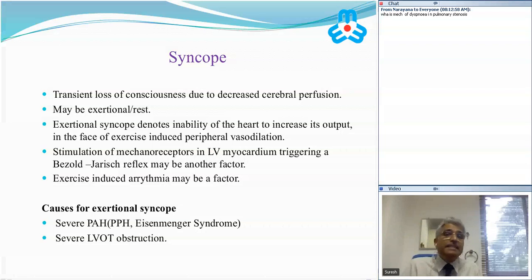Remember, in these diseases which are major diseases, there could be an arrhythmia which may be triggered by exercise. So these three factors are responsible for syncope in the context of a fixed cardiac output. And the causes, I'm just presenting the concept, it is either severe pulmonary hypertension or severe LVOT obstruction. The list would be very long.